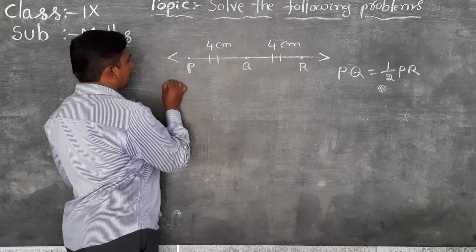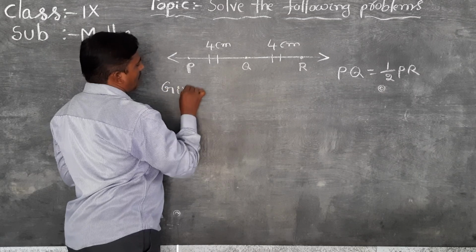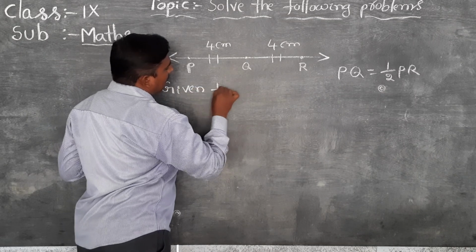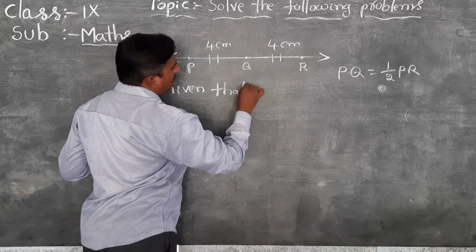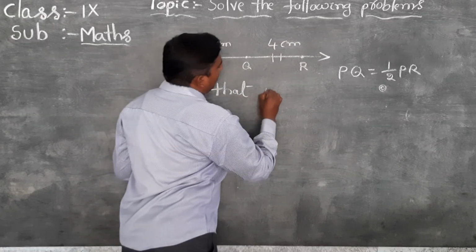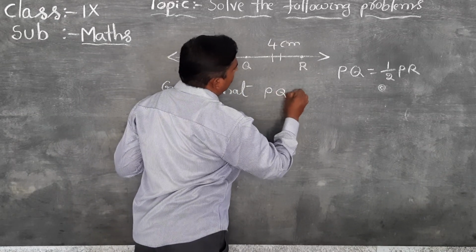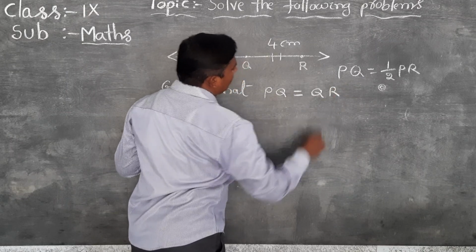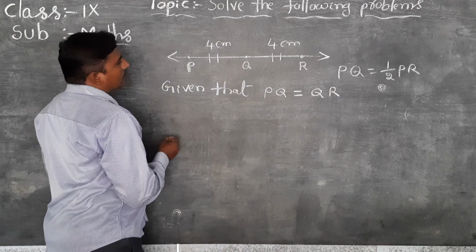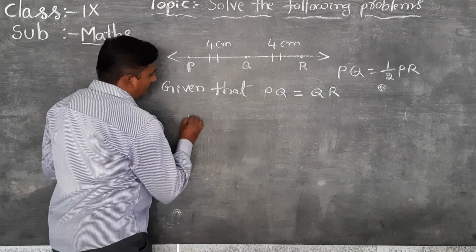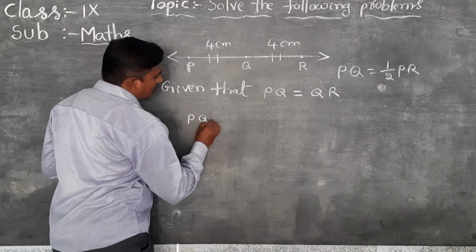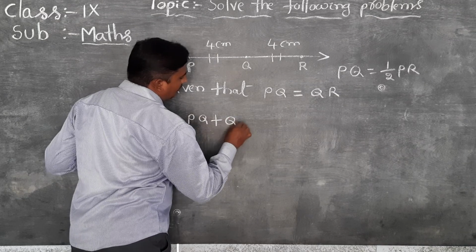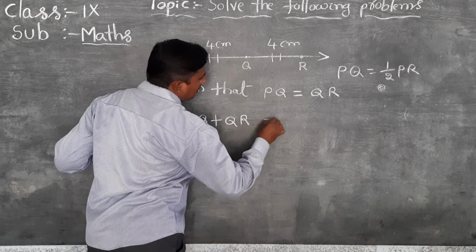Given that PQ is equal to QR. And PR is PQ plus QR.